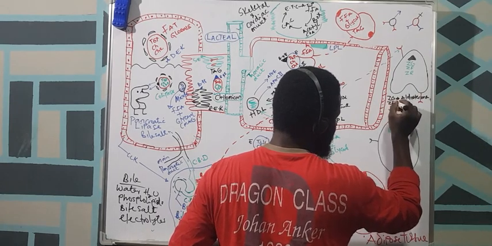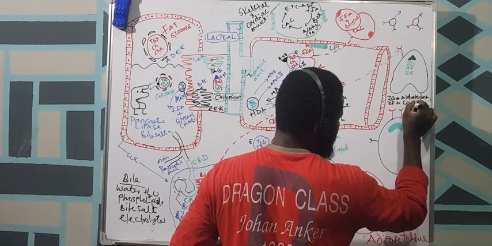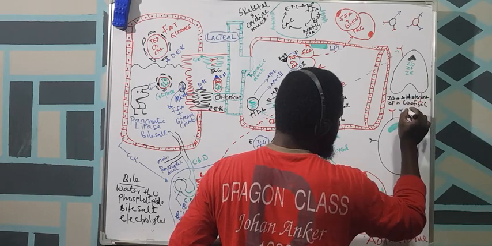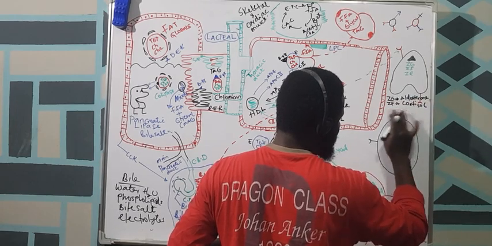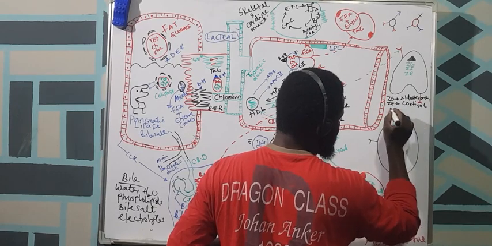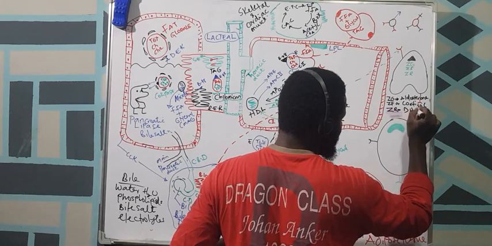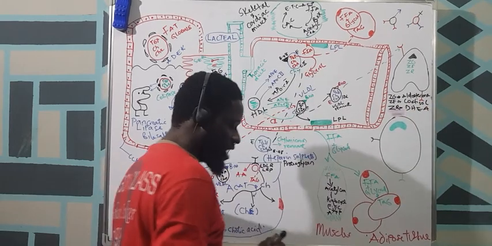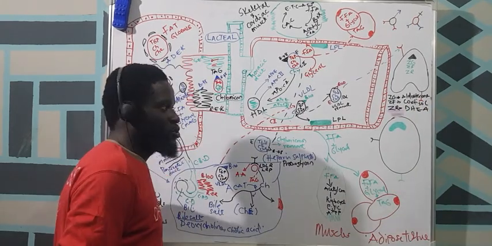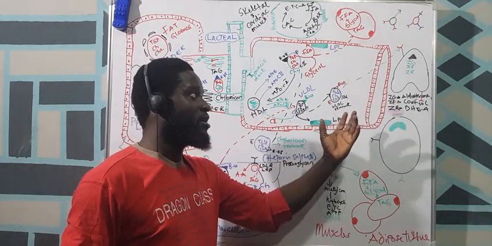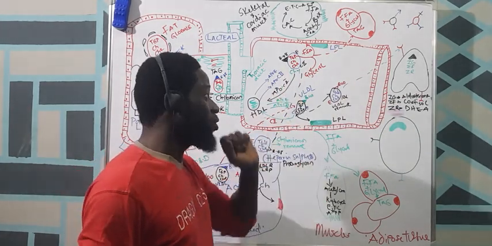Zona fasciculata forms cortisol, while zona reticularis forms DHEA, which stands for dehydroepiandrosterone. So these are steroid hormones formed by the adrenal cortex.